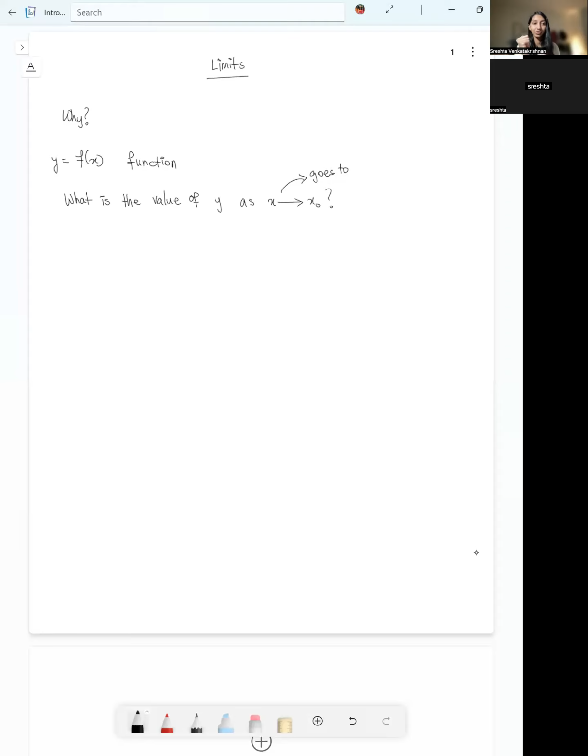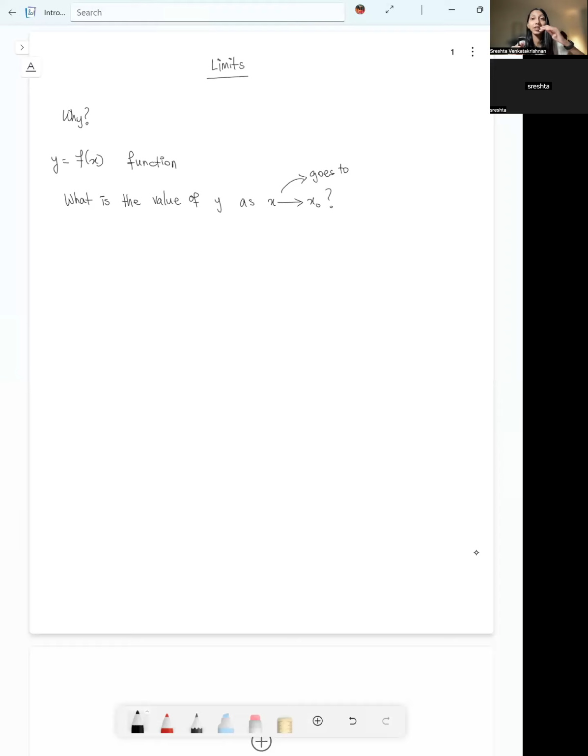You consider an x that's close enough to x0 and find the value of the function there. Then you move slightly closer to x0, to x1, and find the value at x1, and then you go to x2, which is even closer to x0, and find the value at x2.